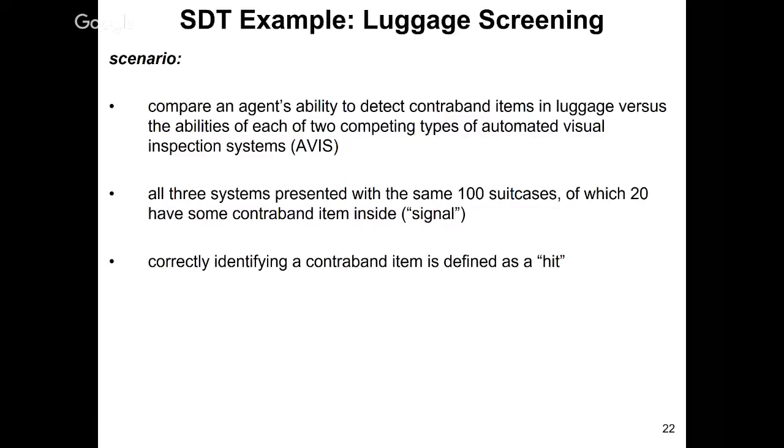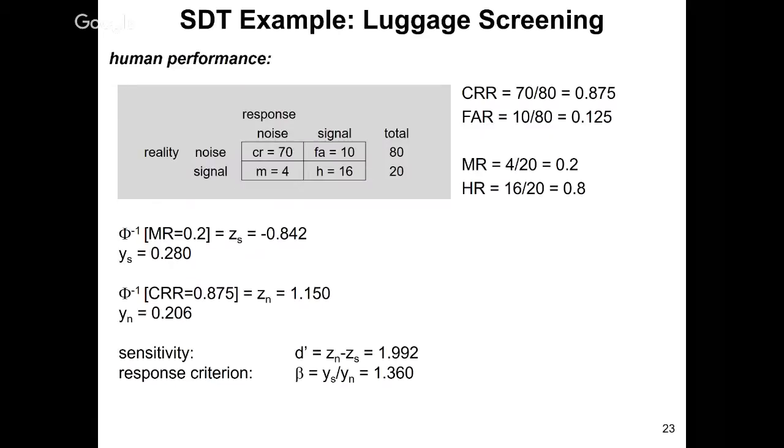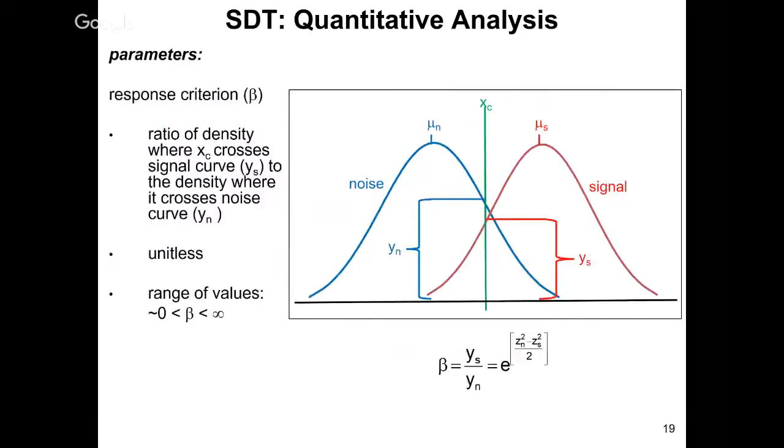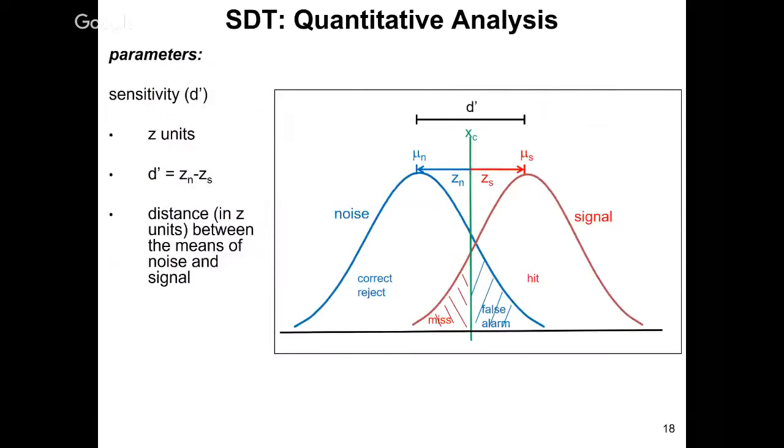Let's go back to one of the schematics. It needs to have the two means for each of the distributions, the Z for each side, the signal and noise. Also, the d prime, which is our sensitivity.